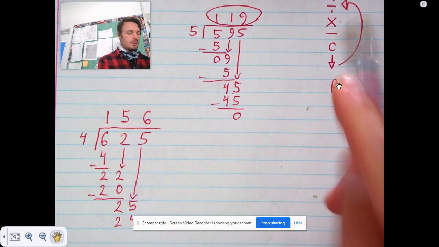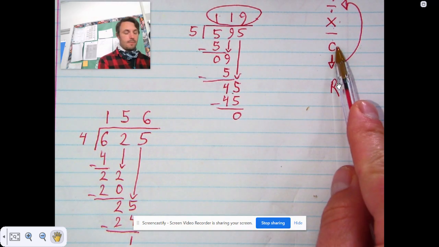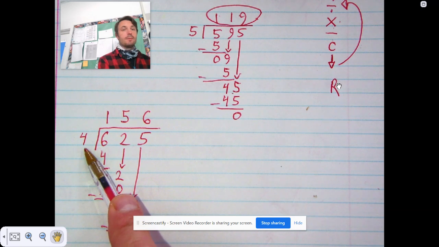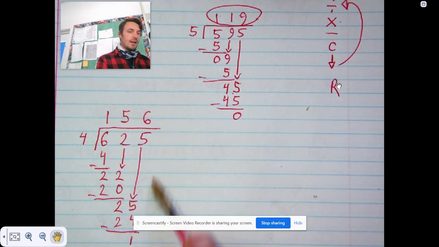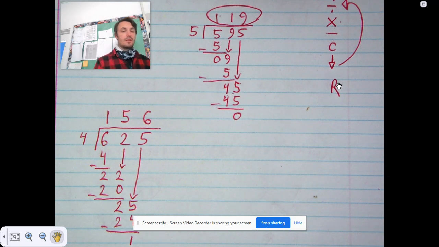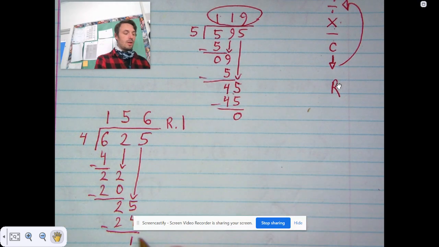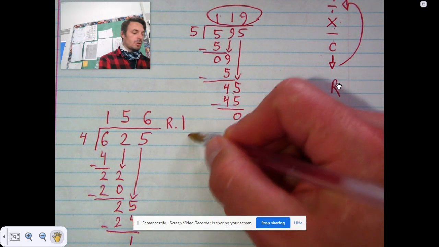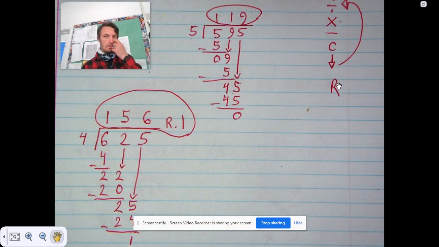Now we subtract. 25 minus 24 is 1. Now we compare. Is 1 smaller than 4? Yes. Now we bring down, but there's nothing left to bring down, so that means we're finished. We just have to write our remainder. If there's a remainder there, you just write remainder and then whatever number is left down here. So the answer is 156, remainder 1.